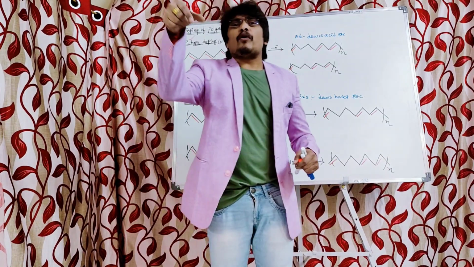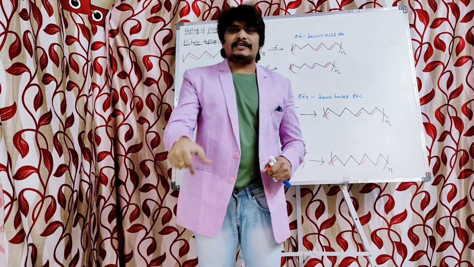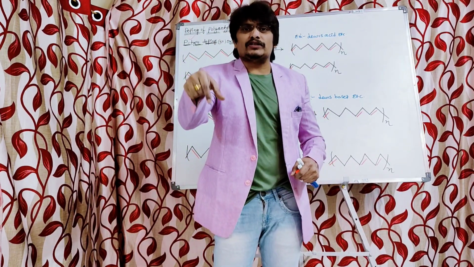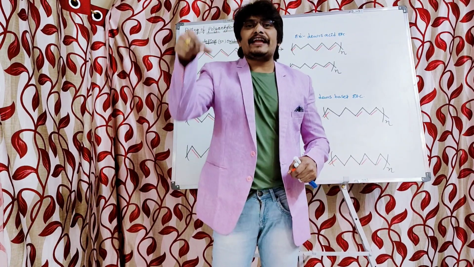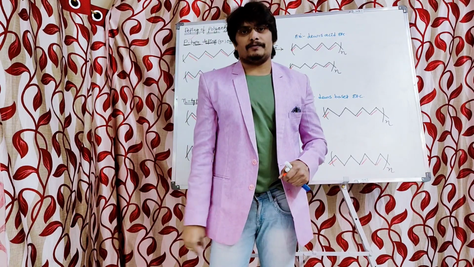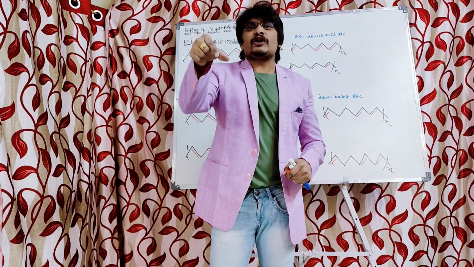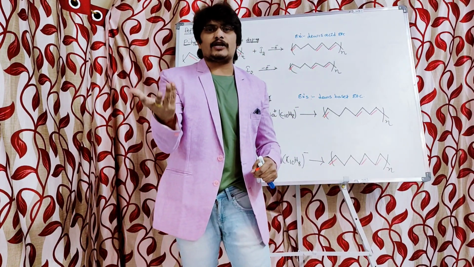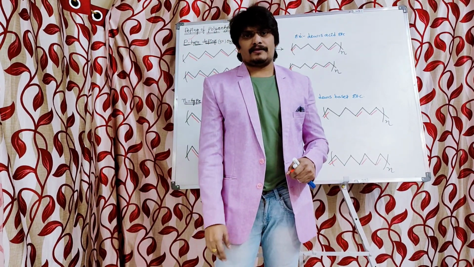So what do you mean by positive agent? Positive agent means the addition of electron deficient species to the polyacetylene, the conducting polymer. So the addition of electron deficient species like all the Lewis acids, right?